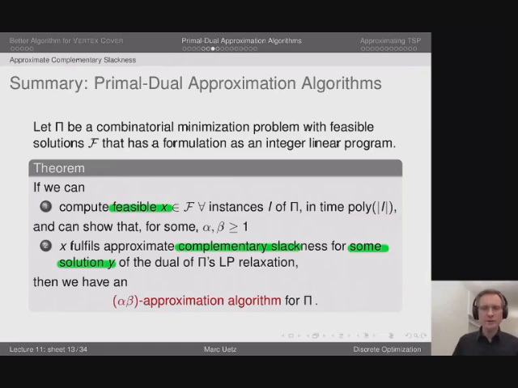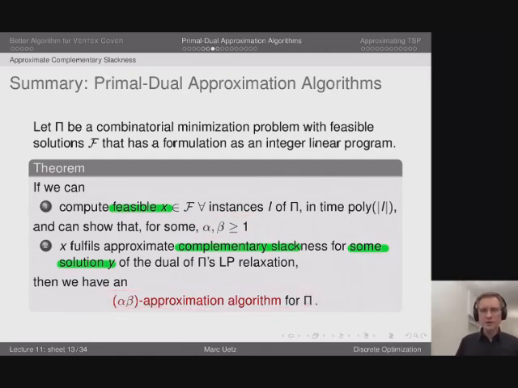And if we achieve approximate complementary slackness for such constants alpha and beta, for some feasible solution y of the dual, so we compute one feasible solution of the primal and some feasible solution of the dual, fulfilling these approximate complementary slackness conditions, then we immediately have an alpha times beta approximation algorithm.